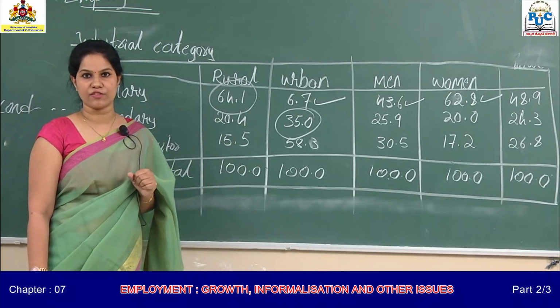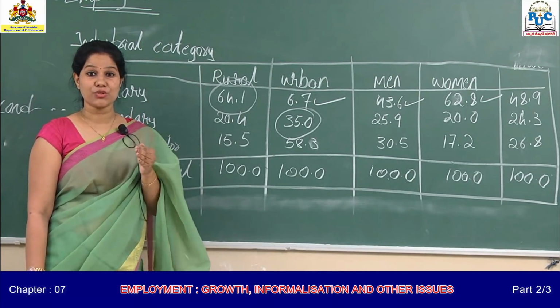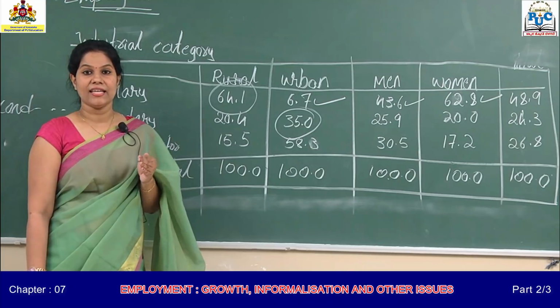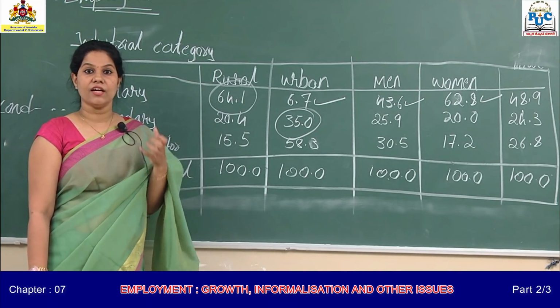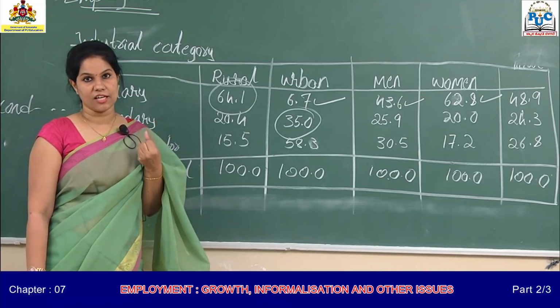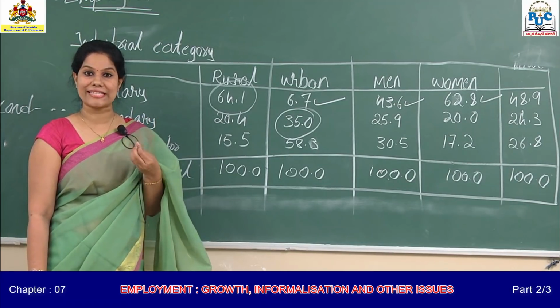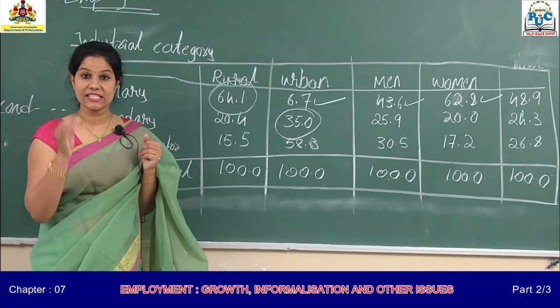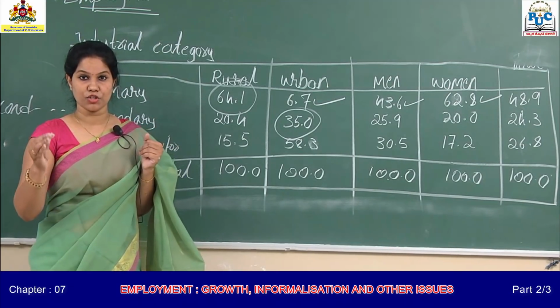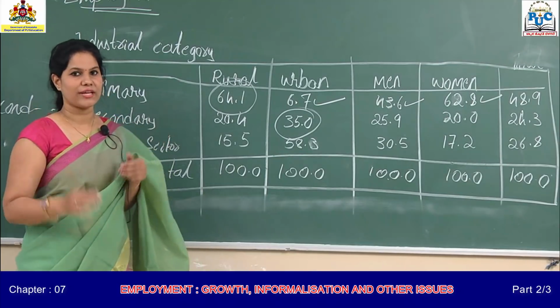One more reason I have told you in the previous class, their education level is really less. The education institutions are so poor, so because of that, if you want to enter the service sector, you need more education, more skill, which the rural area people are lacking. That is the reason why service sector contribution from the rural area is really lesser.